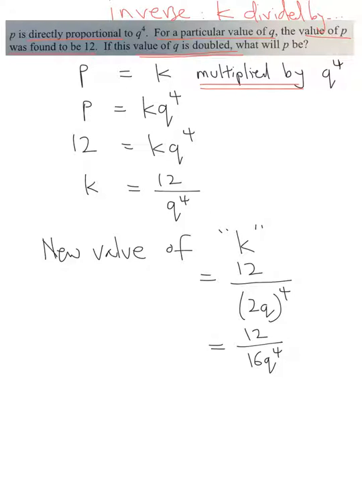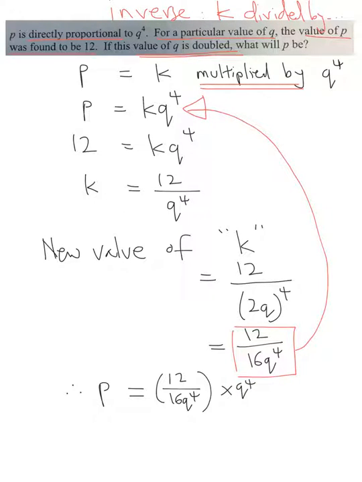So what you have to do in this case is to sub this new value of k back into the original equation of p that you have found at first, and this is the equation that you will get by substituting the new k into the original equation.